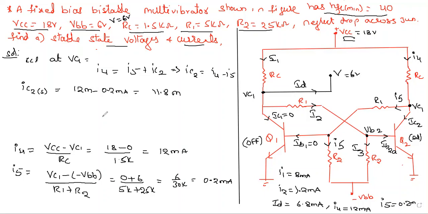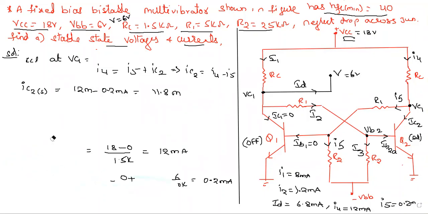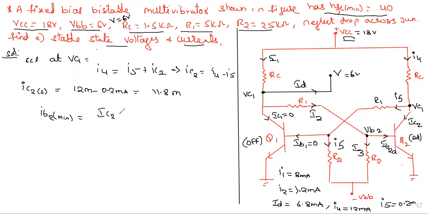Now, as I know the saturation current, let us calculate the IB2 minimum current. That is the minimum current required to make the transistor saturate. So IB2 minimum is given by IC2 saturation current divided by HFE minimum.